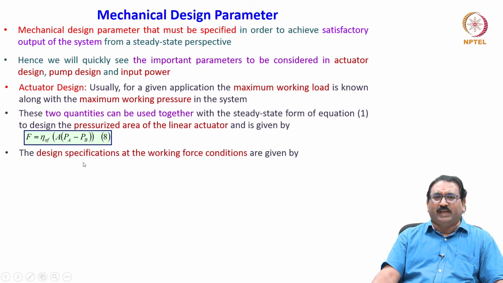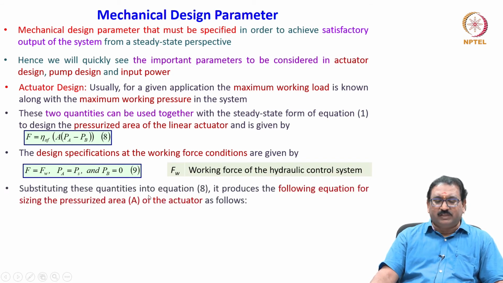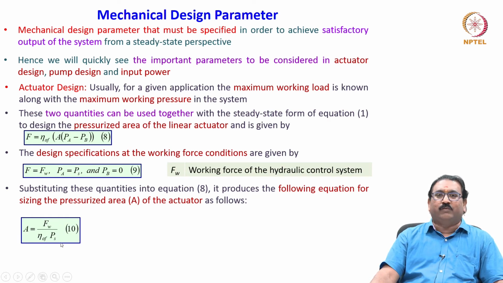The design specifications at the working force conditions are given by F equal to Fw, Pa equal to Ps and Pb equal to 0, where Fw is the working force of the hydraulic control system. Substituting these quantities into equation 8, it produces the following equation for sizing the pressurized area A of the actuator: A equal to Fw by nu Af into Ps.